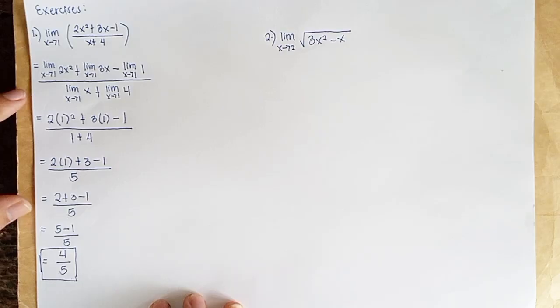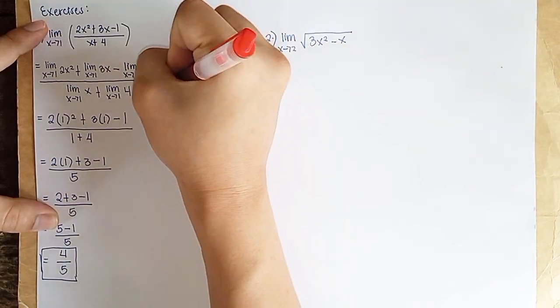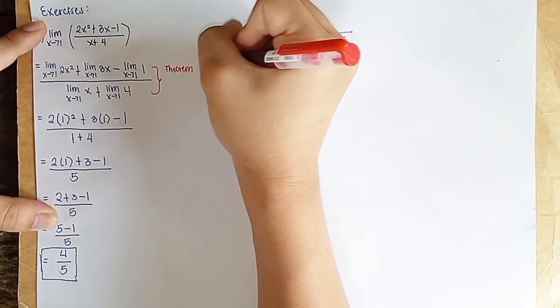So let's simplify it. 2 plus 3 is equal to 5 minus 1 over 5. So 5 minus 1 is equal to 4 over 5. Therefore, the limit as x approaches 1 of 2x squared plus 3x minus 1 over x plus 4 is equal to 4 over 5. So here are the theorems that were used.